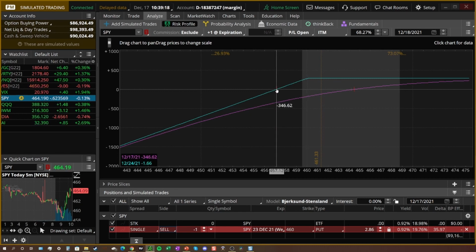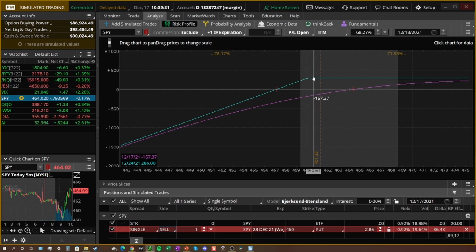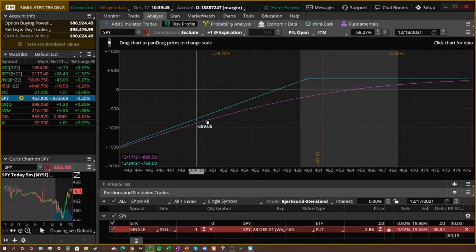Anything above the 460 strike is going to be your max profit for selling this put. Anything between that 460 strike and break even is an incremental profit. And anything where the stock is below that break even is going to be a loss.